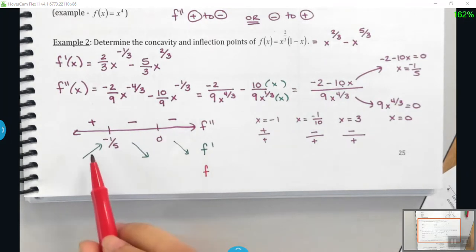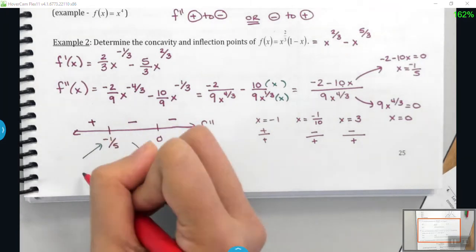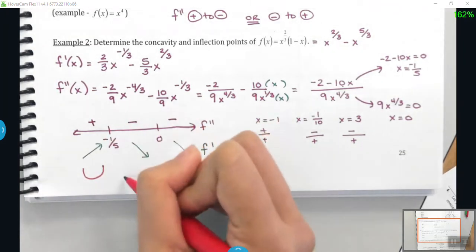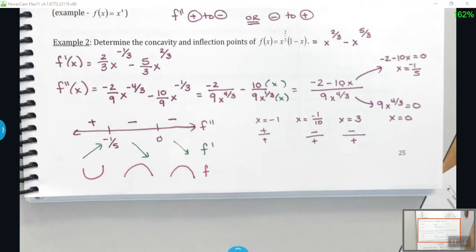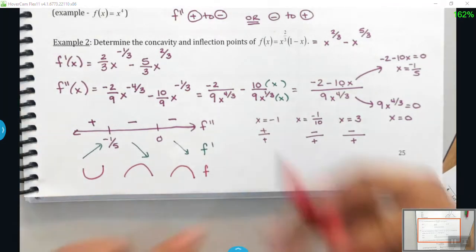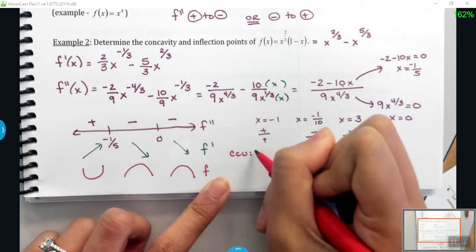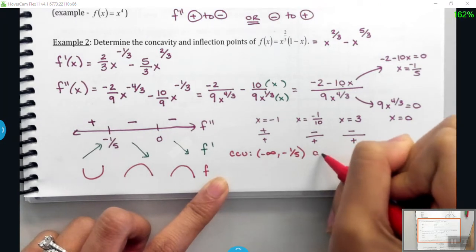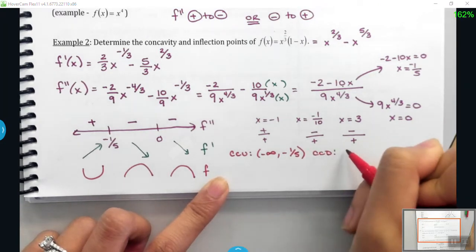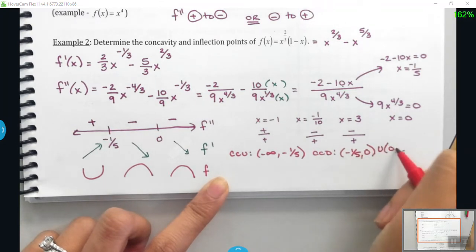If f prime is increasing, what's f doing? Concave up, concave down, and then concave down. Okay. Good. So we could say we are concave up from negative infinity to negative 1/5, and we are concave down from negative 1/5 to 0, and then 0 to infinity.